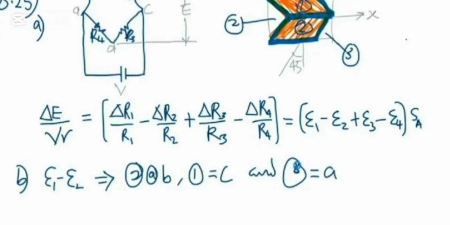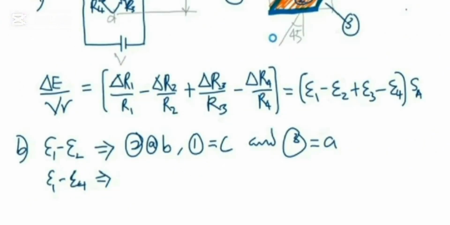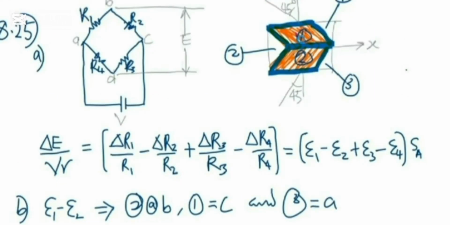We can also have another format, another difference, which is E1 minus E4. In each case, the shear strain must occupy a half bridge, right? It should cover 2 of the arms.